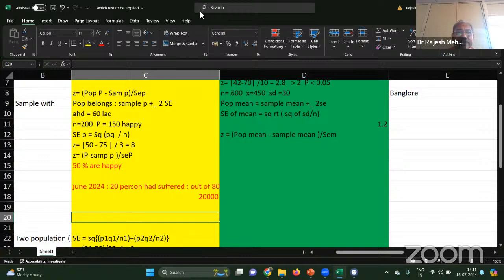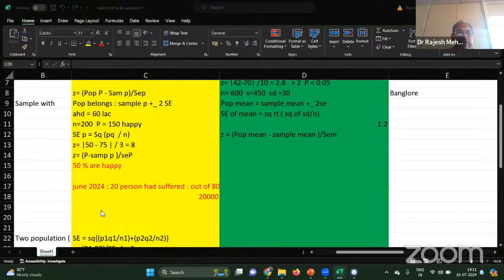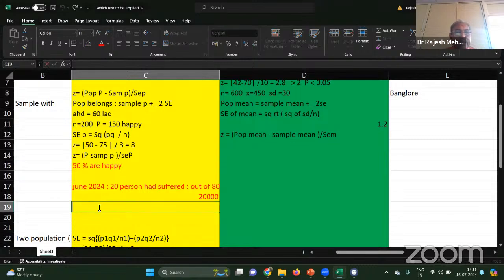So let us calculate together. If this sample belonged to the population, then the population proportion equals the sample proportion plus or minus 2 standard errors.